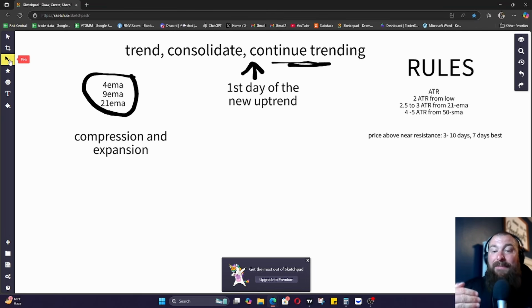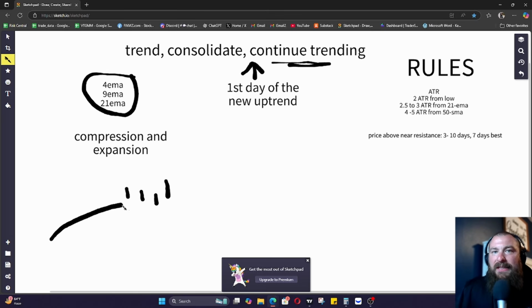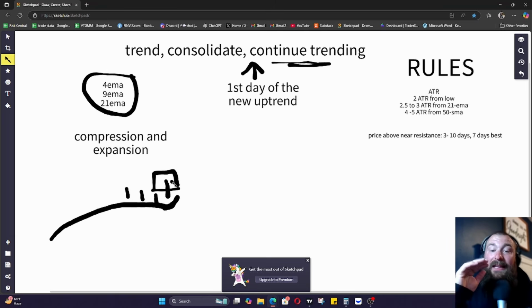The EMAs lag price. So what does this mean? Let's say these are candles consolidating, and then it ticks up. That 4 EMA will look like this. So this candle is going to break out before this ticks up. This system has a built-in confirmation. Price is going to start pushing higher, then the EMA ticks up.